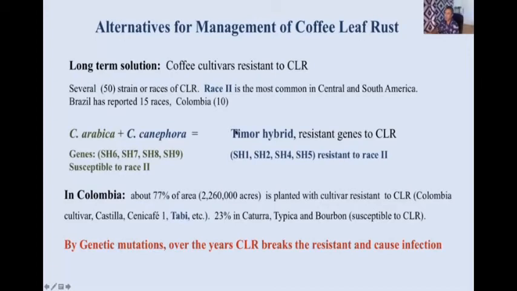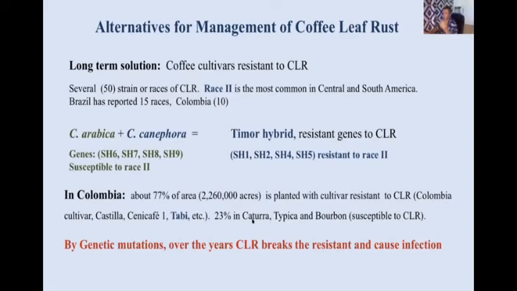Here, Timor hybrid is a natural crossing between coffee arabica and canephora, and it has the gene that is resistant to race number 2. From this coffee plant, the program to create all the cultivars resistant to the rust was started, with most of the material coming from this one.